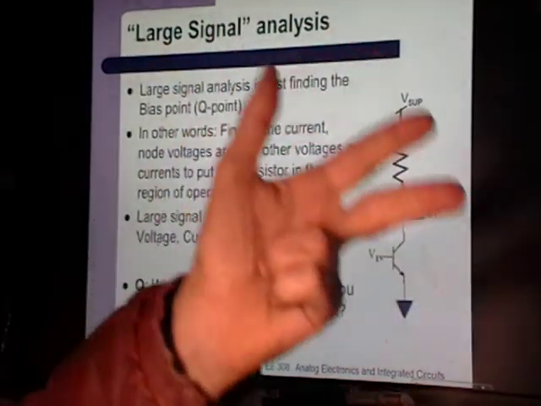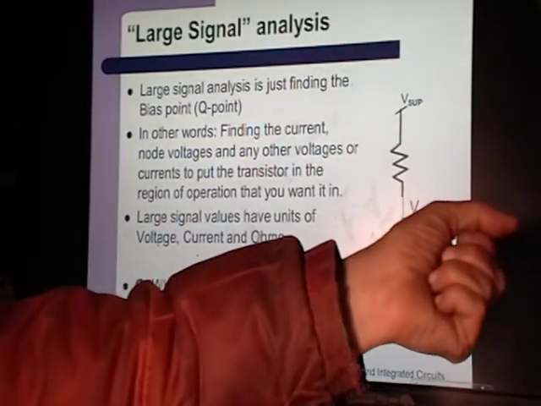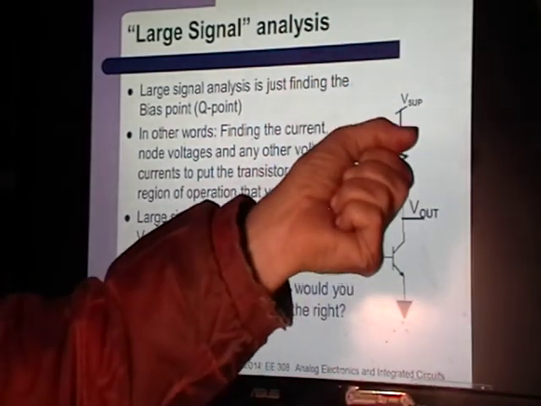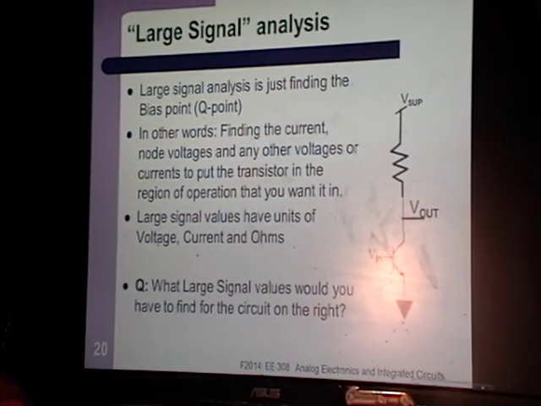Because we're in that linear region, we can take the AC part, calculate it separately, take the DC part, calculate it separately, and then if we need to, which we won't do, we can add those together using superposition to get how the complete circuit actually behaves.